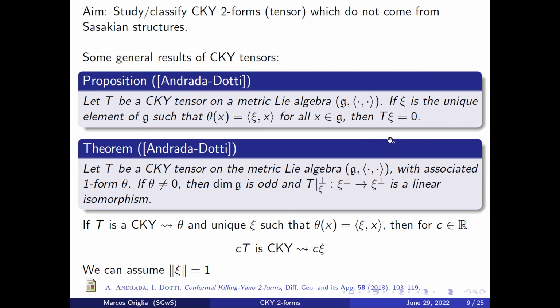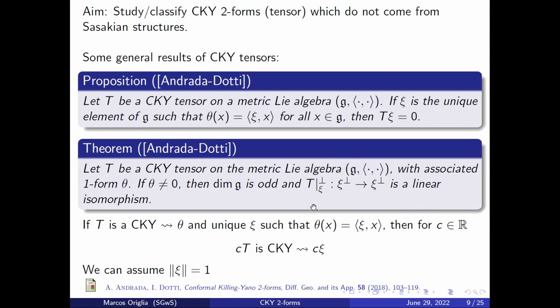And then we have this other result, which I already mentioned, that says that the dimension of the manifold is odd. So it's this conformal Killing tensor. If this one form is not 0, then the dimension of G is odd. And we have another condition, which says that the two form has full rank.